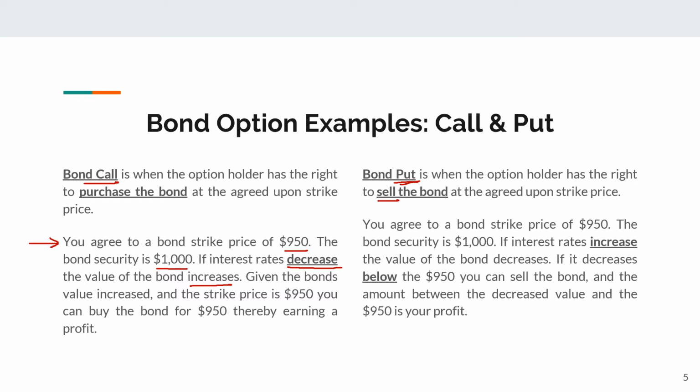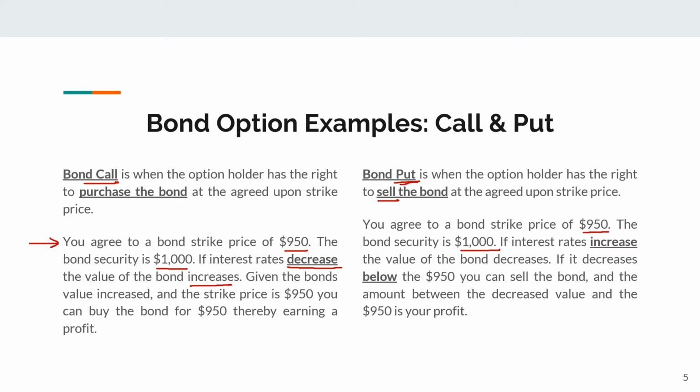Now, the inverse is true for a bond put. So as we just mentioned before, the bond put is when the bond option holder has the right to sell the bond at the agreed upon strike price. So here, you've agreed to a bond strike price also of $950. The bond security is $1,000.